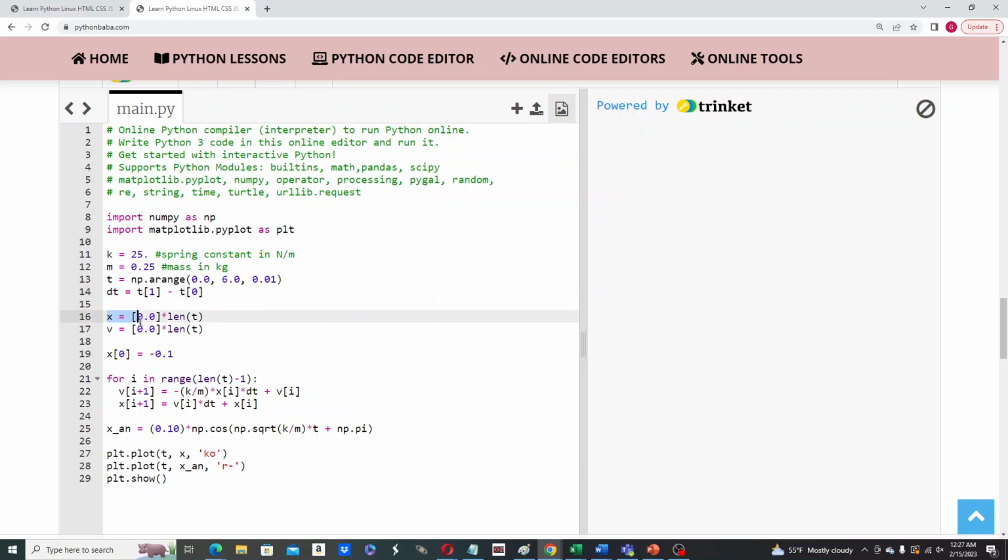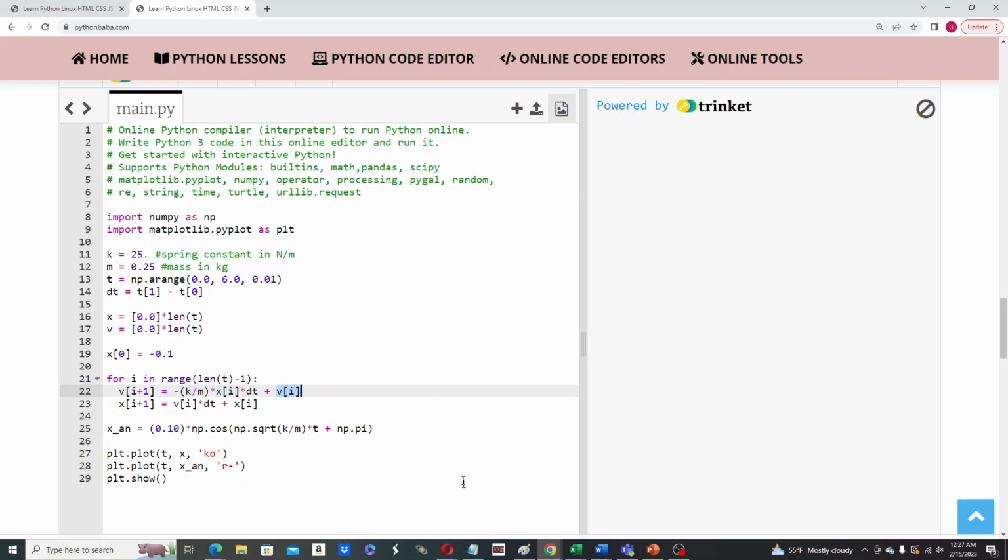But now I have to define two arrays, x and v. Since this is second order, I need to compute both of those to compute the next set of both of those. I can't compute velocities without positions, and I can't compute positions without velocities. Okay? Why can't I compute my velocities without my positions? Well, my velocity at each next point depends on the previous position, as well as the previous velocity.